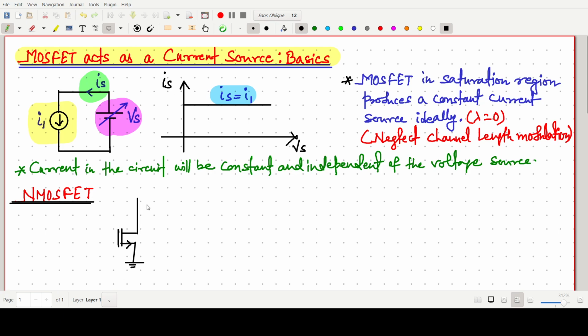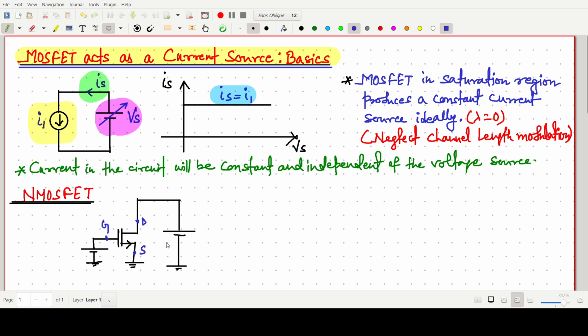So first, this should be some voltage source. Suppose this one is our NMOS, having this terminal as our gate, drain, and source, with arrow signals.